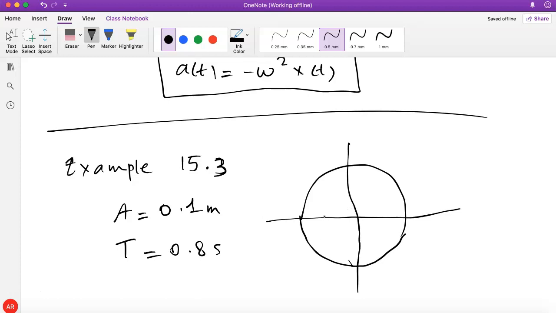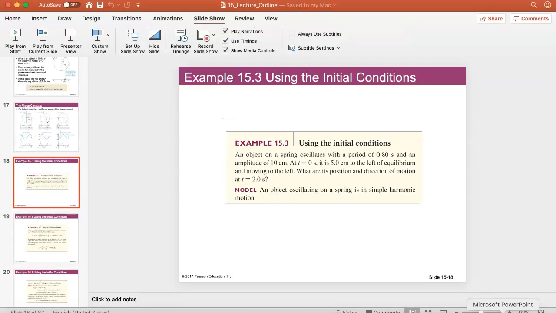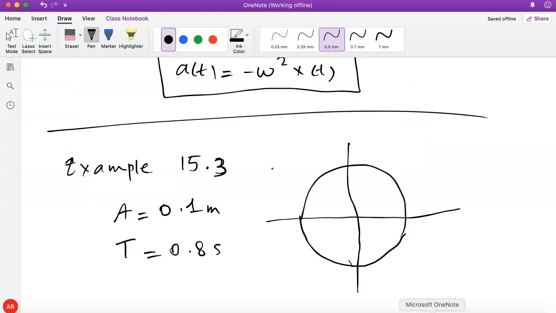And at t equals 0, it's 0.05 meters, half of the radius, to the left of equilibrium, and is moving to the left. So it's here, right? So the projection is going to be here, where this is 0.05 meter.